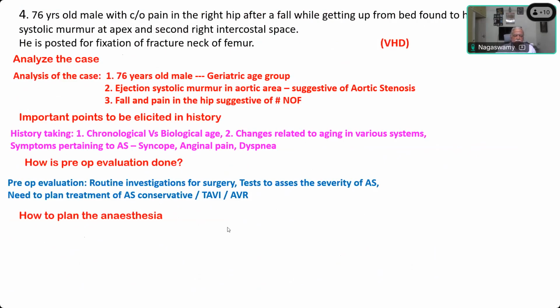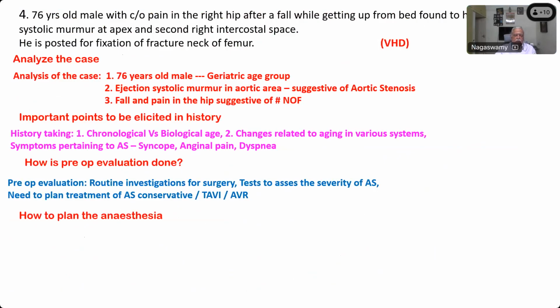Afterload, should it be reduced or preserved? Preserved, sir. Avoid decreasing it. Very, very important. In aortic stenosis, the heart cannot pump more blood to fill up the dilated vessels. So unless you preserve the peripheral resistance, they will have sudden acute hypotension and very drastic changes in cardiac function.